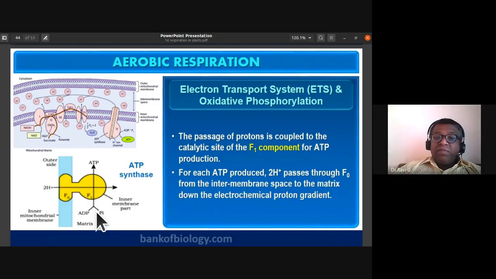For each ATP produced, two protons pass through F naught from the intermembrane space to the matrix, down the electrochemical proton gradient.